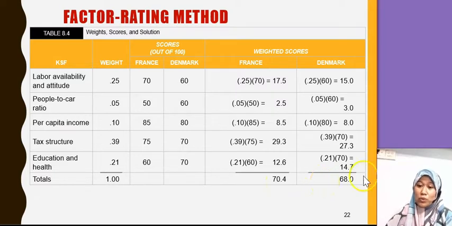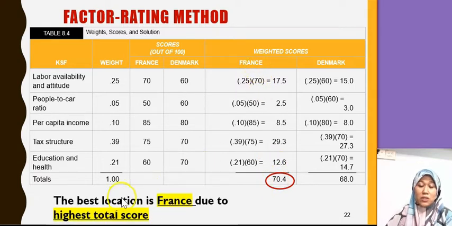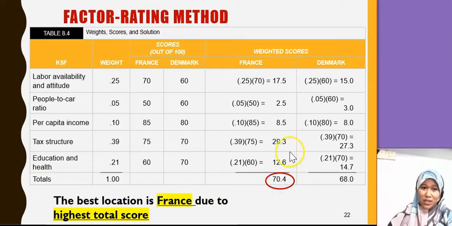So which one do you suggest? You need to answer like this. First, you kena cari the highest score dulu. The highest score now is 70.4, belong to France. So the best location is France due to, kenapa? Highest total score. That one is, orang kata, baru complete dia punya factor rating.